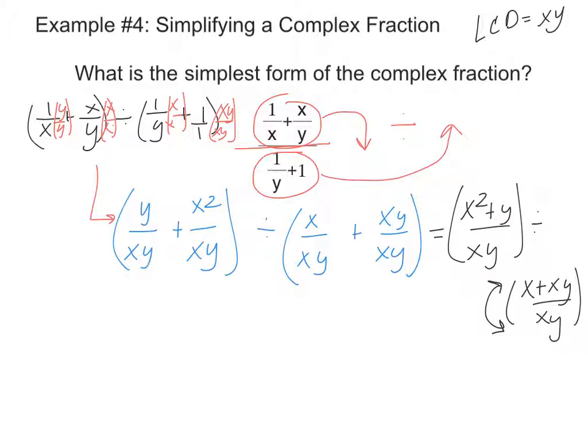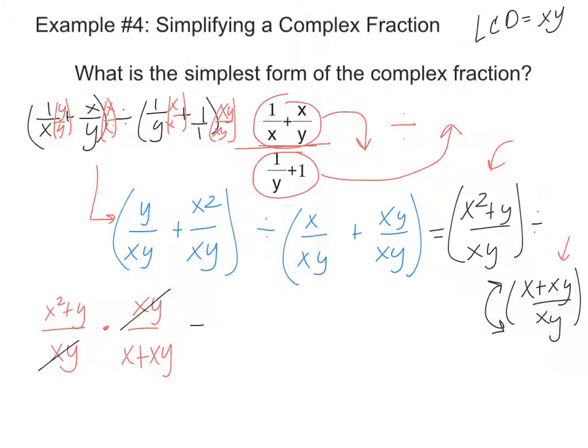Alright, so let me rewrite. I still have this first fraction here, x squared plus y over xy. And it's now being multiplied by this one flipped over, which is xy over x plus xy. Alright, I see a common factor of xy for both.